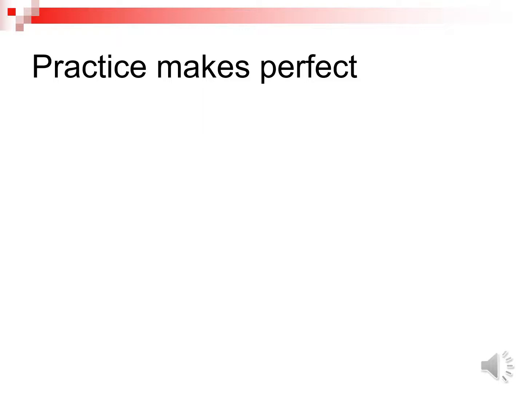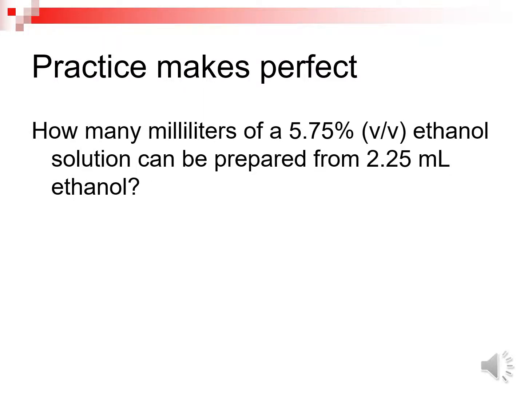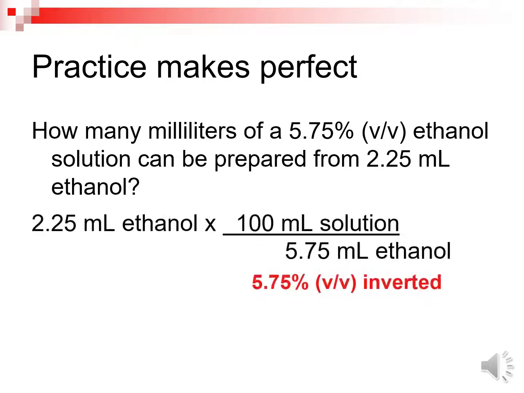Of course, practice makes perfect, so let's try more examples here. How many milliliters of a 5.75 volume over volume ethanol solution can be prepared from 2.25 milliliters of ethanol? Now in this case, we are given the solution percentage and we're given the milliliters of the solute.